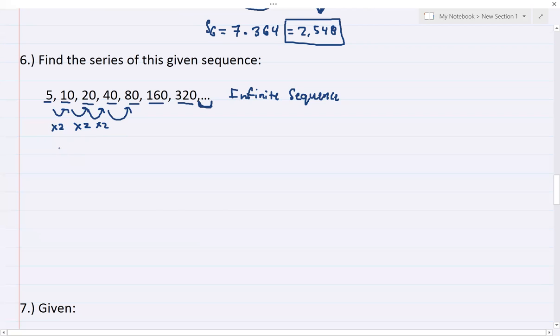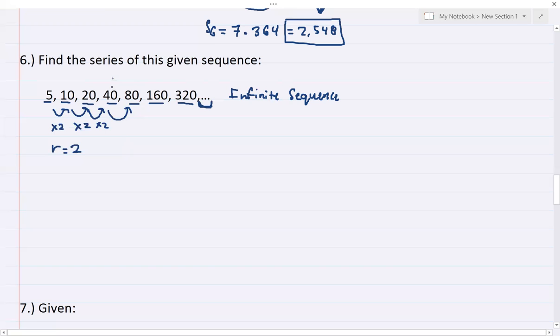Okay? So that means this is a geometric sequence. This is obviously a geometric sequence. So you have a common ratio of 2. And if you're having a hard time, what to do if you don't know the common ratio, all you need to do is get 2 consecutive terms, then divide them.